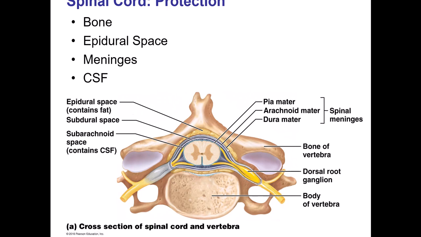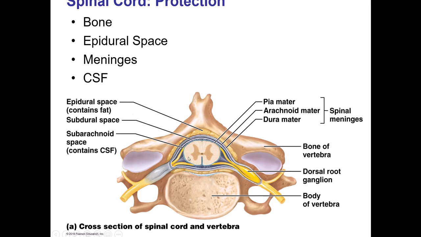It has the 3 meninges, just as the brain does, so the outer double layer dura mater, the web-like arachnoid mater, and then the vascular, kind of areolar type pia mater. And then we have the cerebral spinal fluid in all of the subarachnoid spaces, as well as the central canal of the spinal cord.